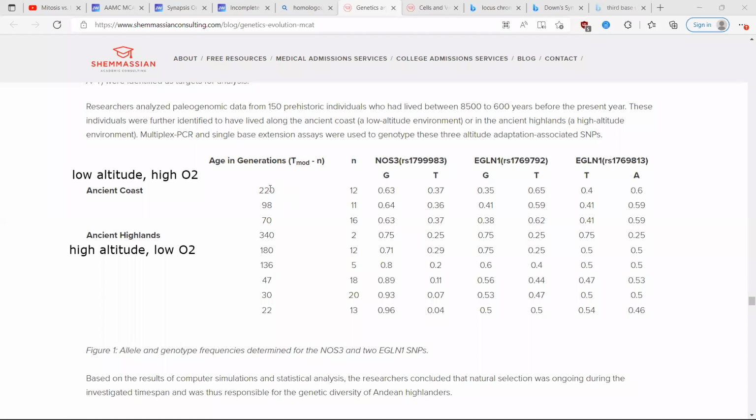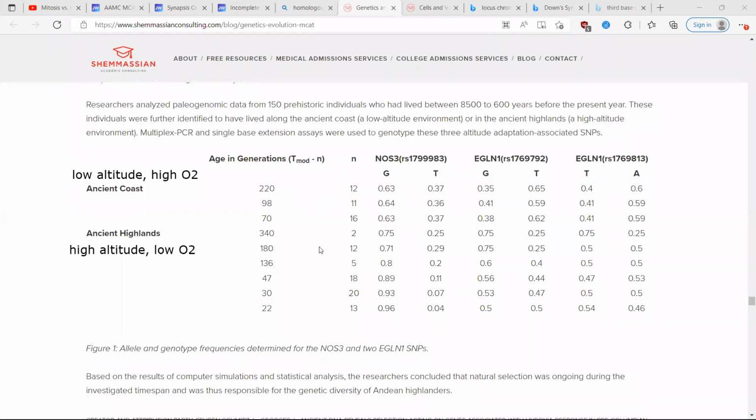So we see that the older generations on the highlands, the oldest generations, have 75% G, and then the closer we get to now, the more G they have, right? So we see that the amount of G is increasing the closer we get to the current times.